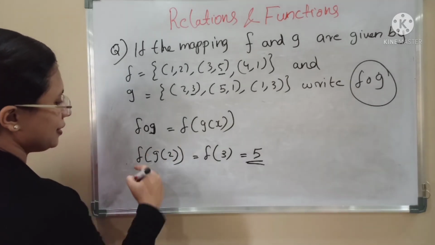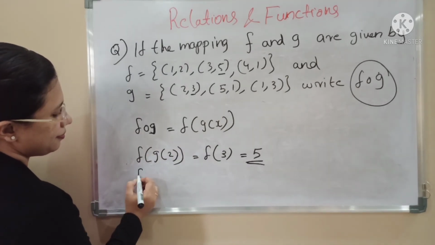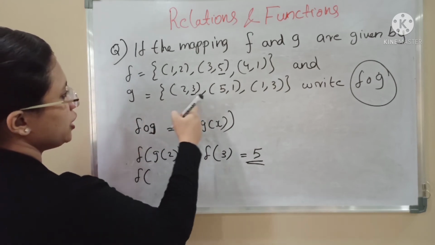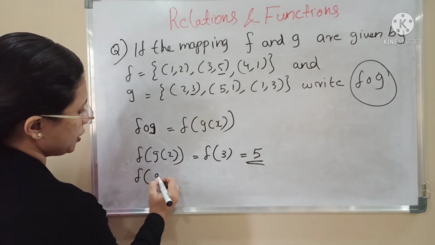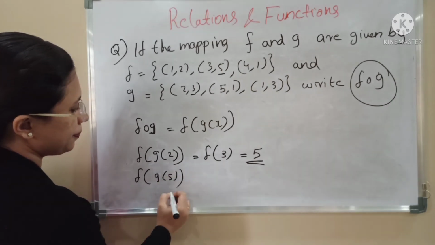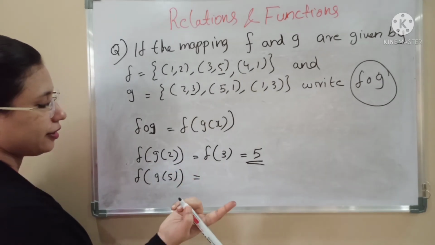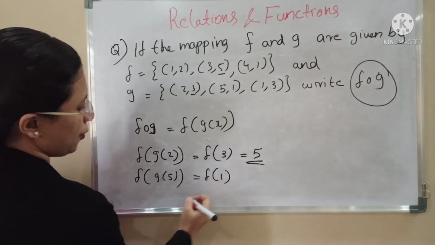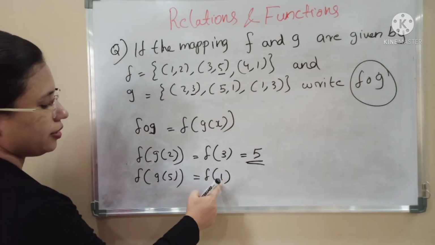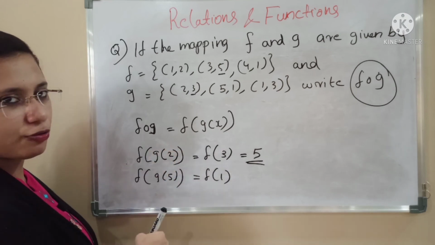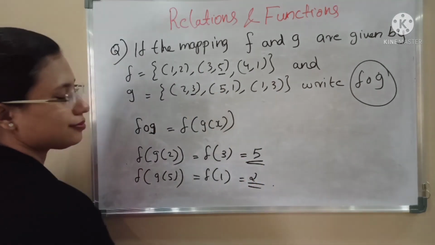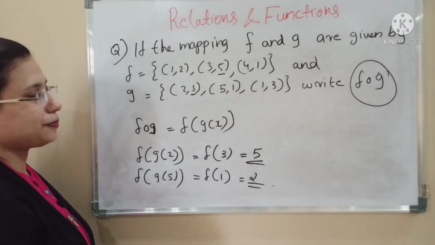Clear? Do the next. The next x value for g is 5. What is g of 5? G of 5 is 1. Now what is f of 1? F of 1 is 2. Clear?